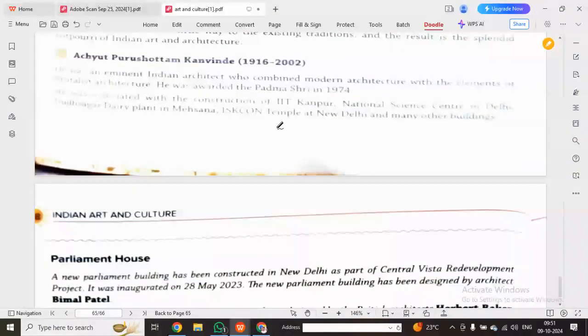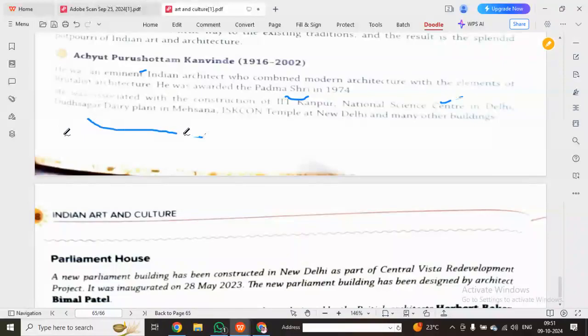Charles Correa is also known for his work in urban architecture and spatial planning. He adopted modern architecture principles to local sensibilities and needs. He has designed buildings such as the Madhya Pradesh Assembly Building, Mahatma Gandhi Memorial Museum, etc. Now Achyut Purushottam Kanvinde.